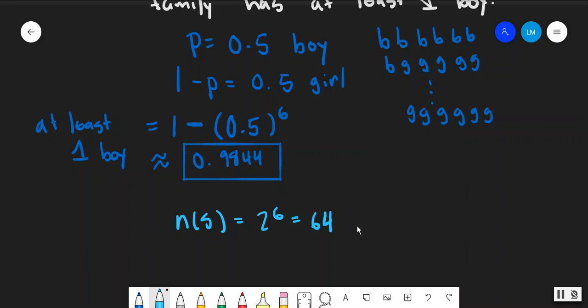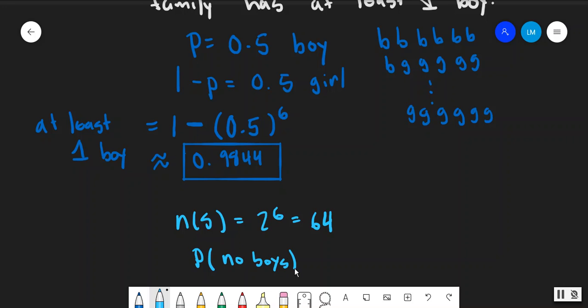Now, think about it like this. What is the probability that they're all girls, that there are no boys?